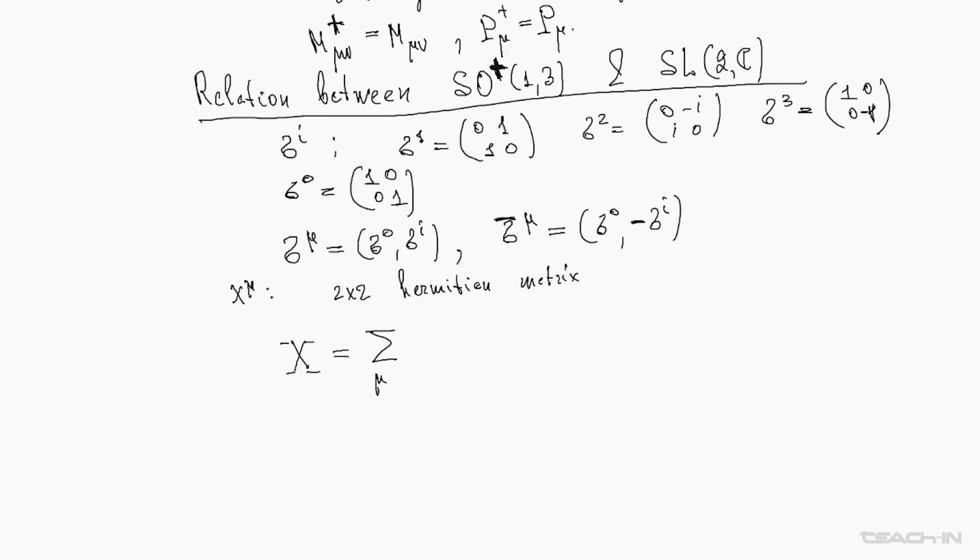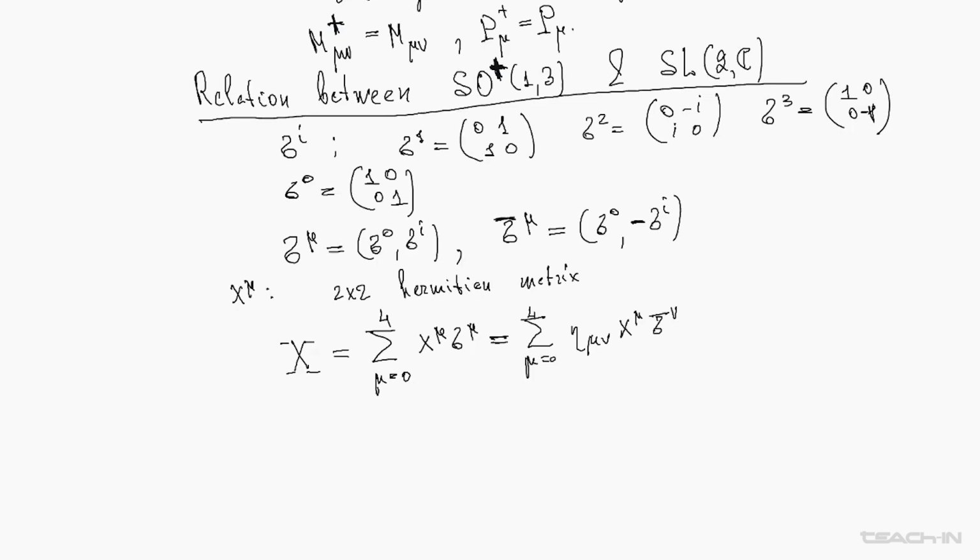Or the same matrix will be constructed if you sum over eta mu nu x mu sigma bar nu. So here actually you need to sum over mu and nu.